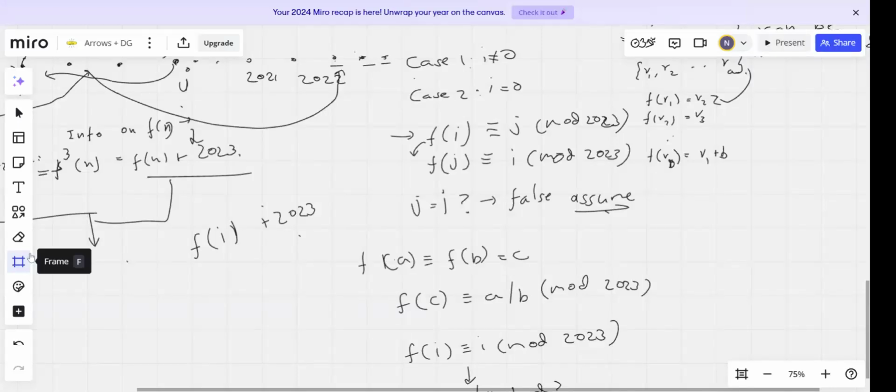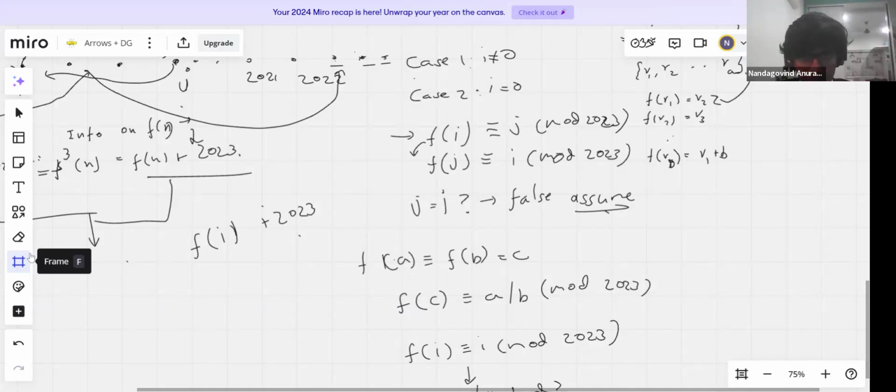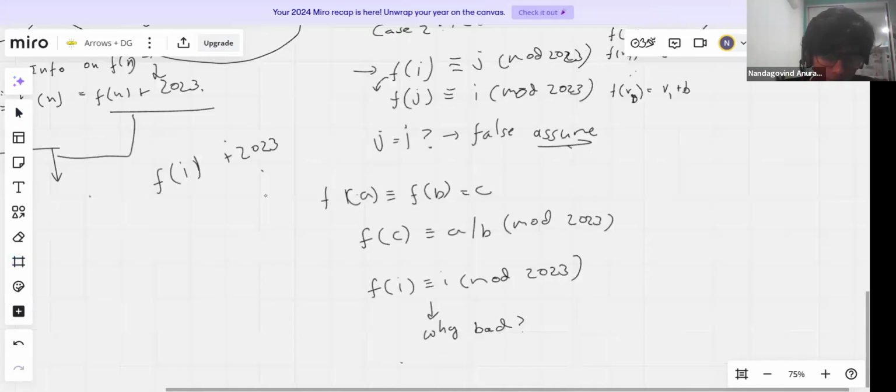I think I've got one. We consider f of i equals i plus 2023k.